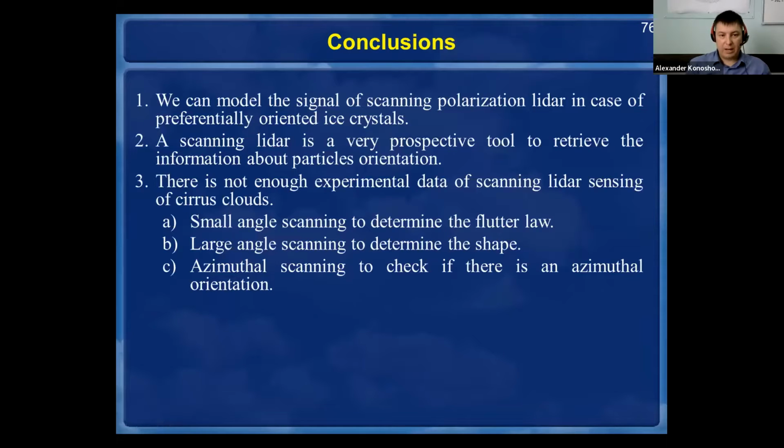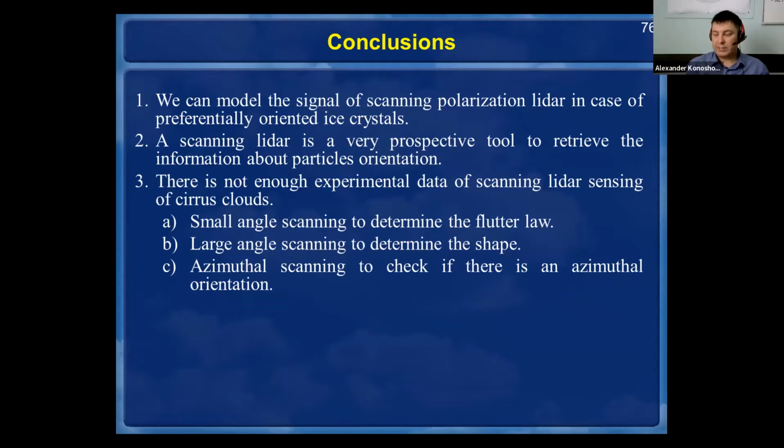So we have physical optics methods which can calculate the light scattering problem for scanning polarization lidar. In the case of preferentially oriented ice crystals, it's a unique solution. And we also see that scanning lidar is a very prospective tool to retrieve information about particle orientation.